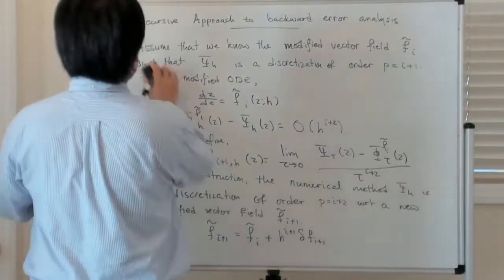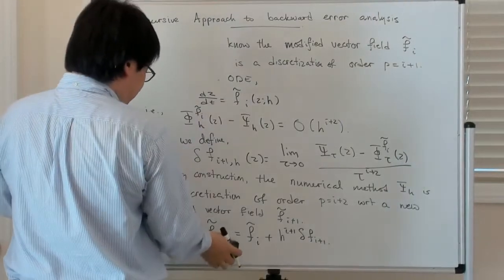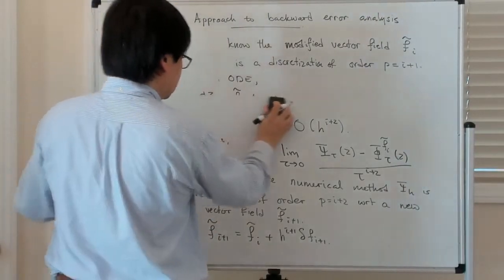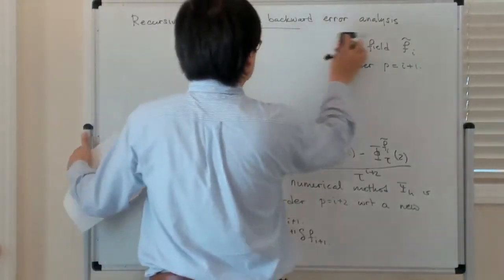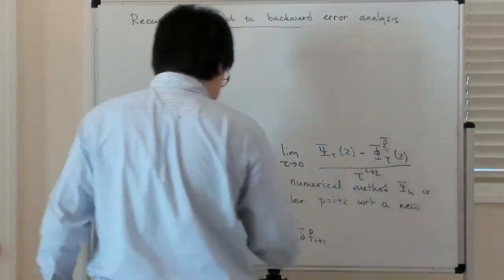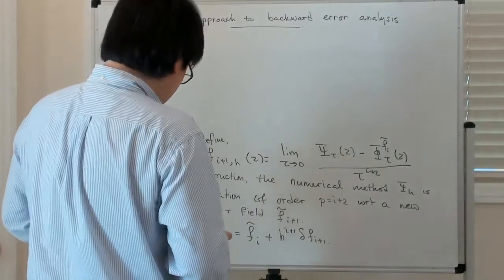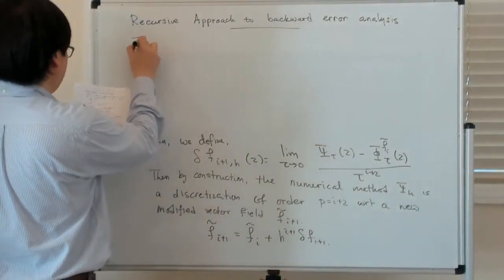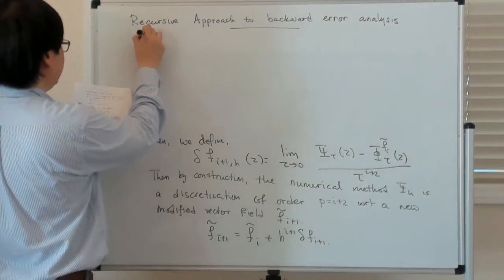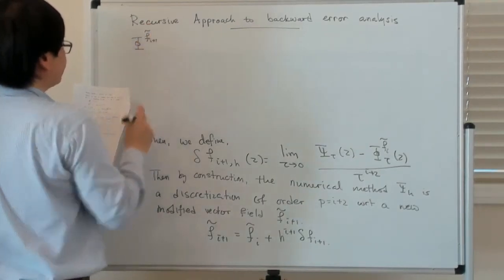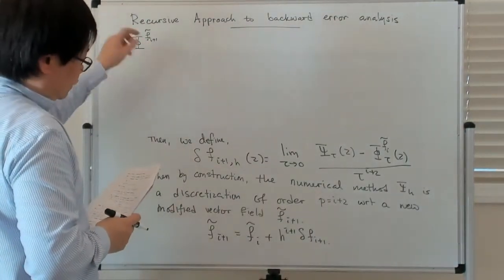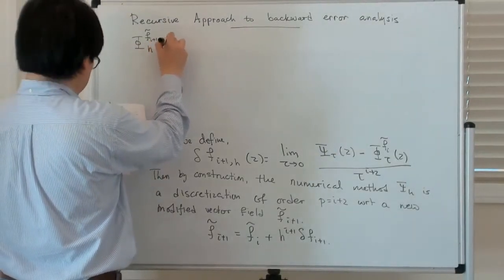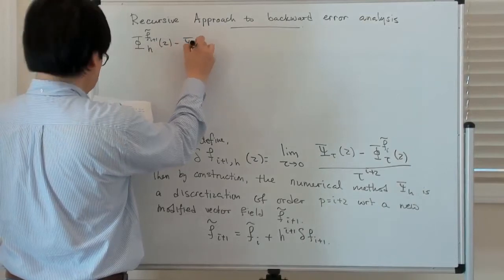Okay, so let's try to prove that that's actually true. What does it mean for this thing to be one higher order? I have to look at the local truncation error between the exact flow of this f tilde I plus 1 vector field and the numerical method.